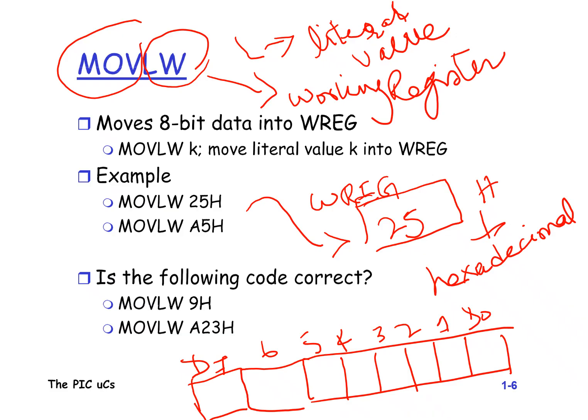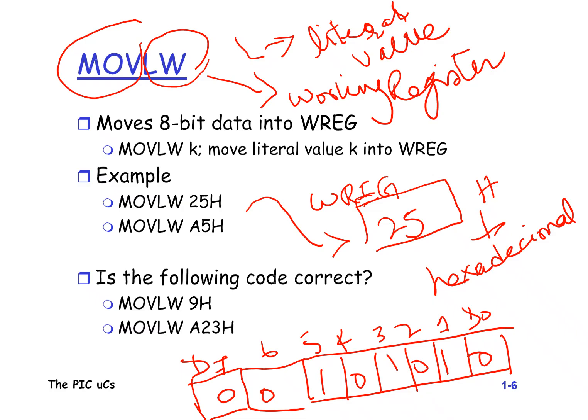Since this is still a kind of high level language, the compiler will convert this into the binary language to be processed by the microcontroller. So 2 can be represented as 0010, and 5 can be represented as 0101. This is how the binary bits will be occupying the working register.